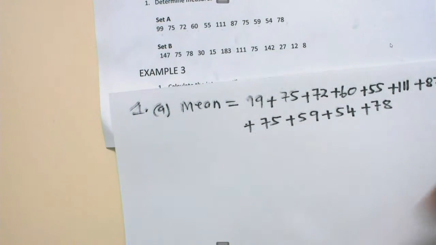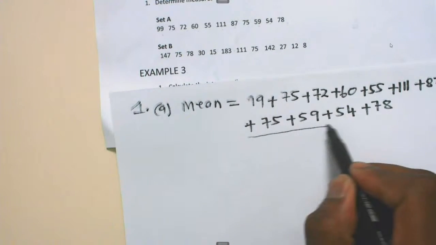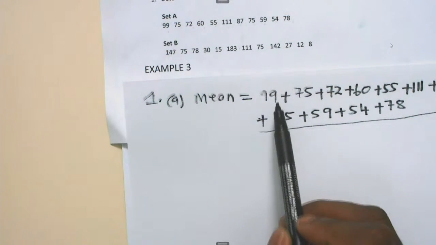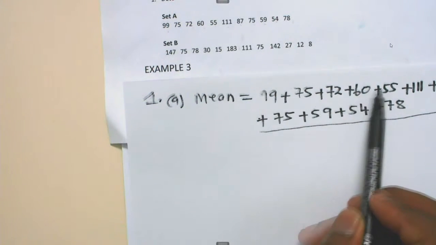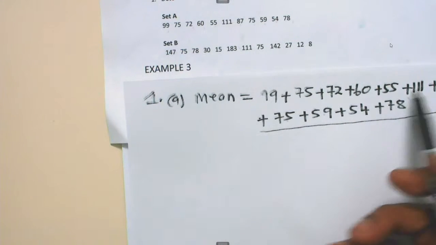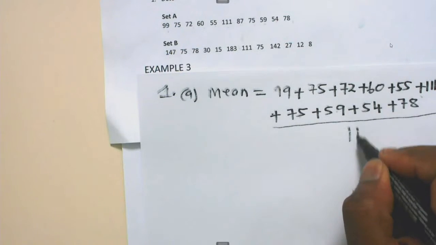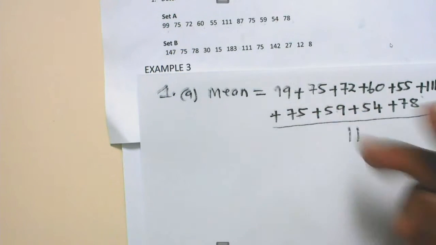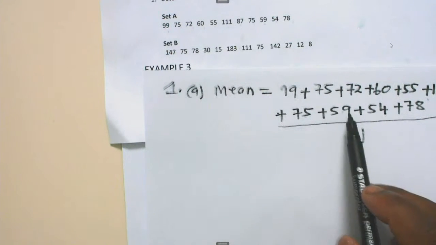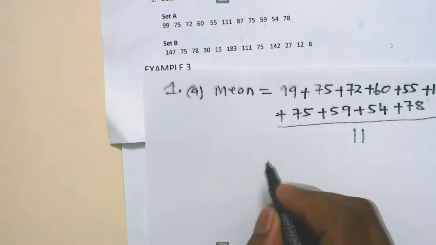And then remember I said we divide it by the number of values in our data set, which is 1, 2, 3, 4, 5, 6, 7, 8, 9, 10, 11. So we divide it by 11.